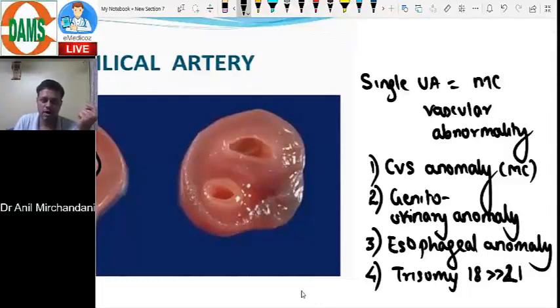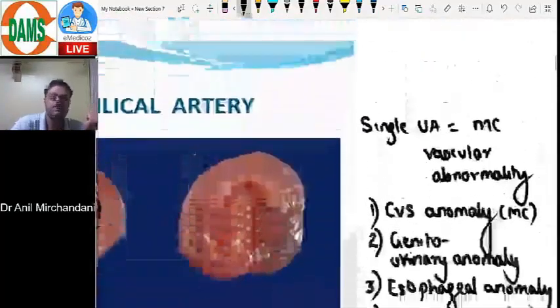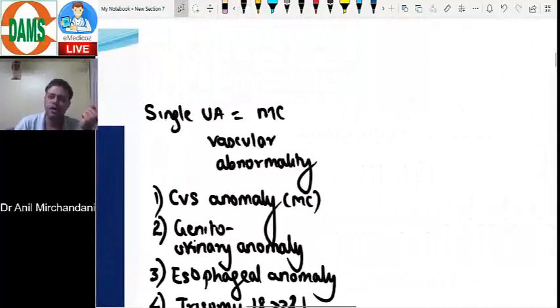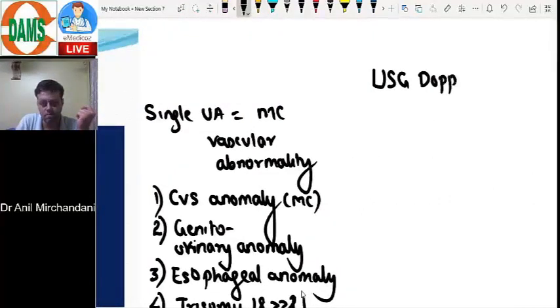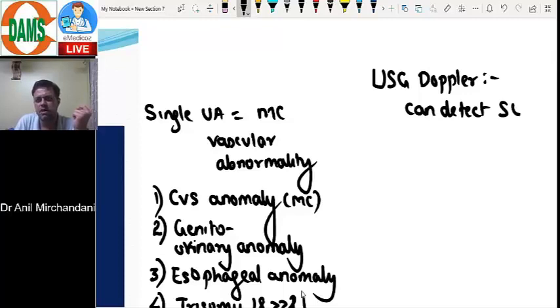Now single umbilical artery can be diagnosed by Doppler. So USG Doppler can detect single umbilical artery. A 2 vessel cord will be there and Doppler can pick up this condition.